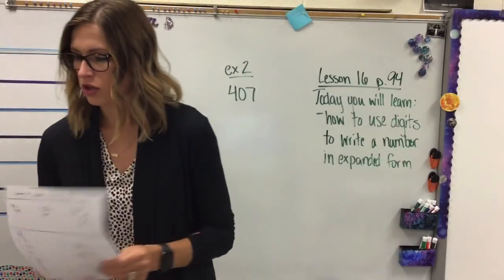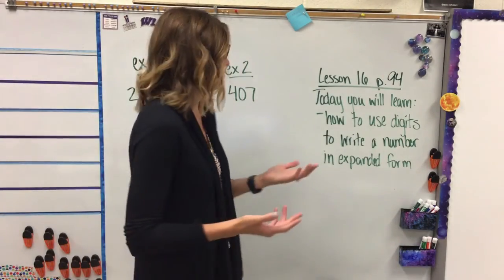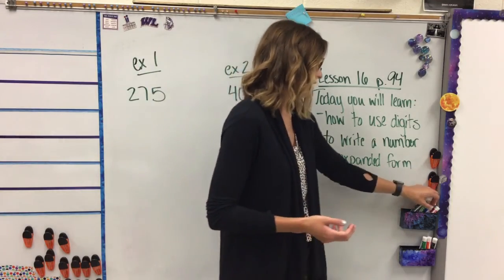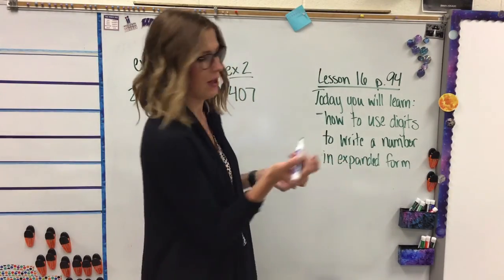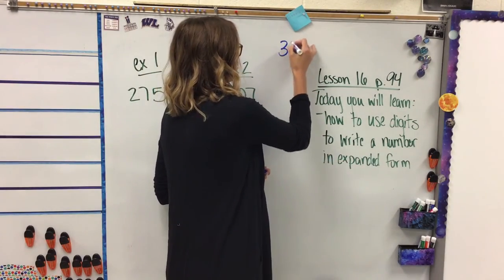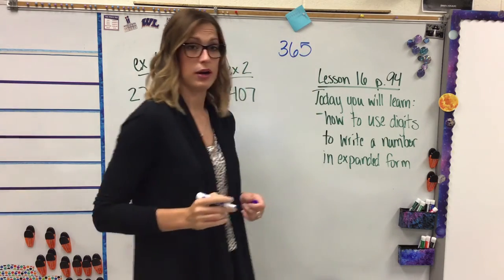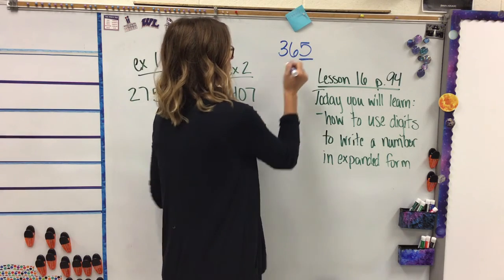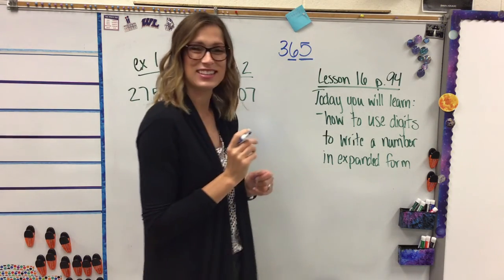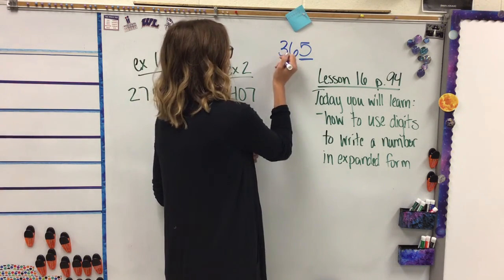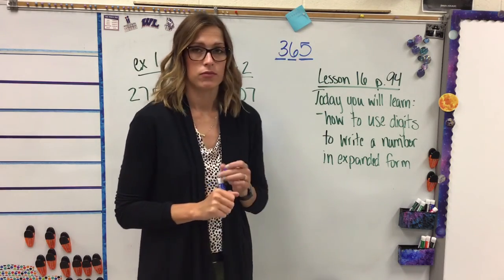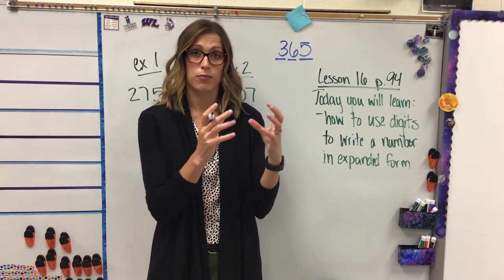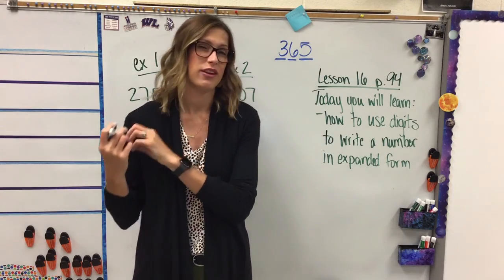All right? So when we say expanded form, what we mean by that is if we take a number like, let's just say 365. If I look at this number, I've got a digit that's in the ones place, the 5. I've got a digit that's in the tens place, the 6, and a digit that's in the hundreds place, the 3. When we write that in expanded form, we're going to pull each of those numbers out to what their value is.